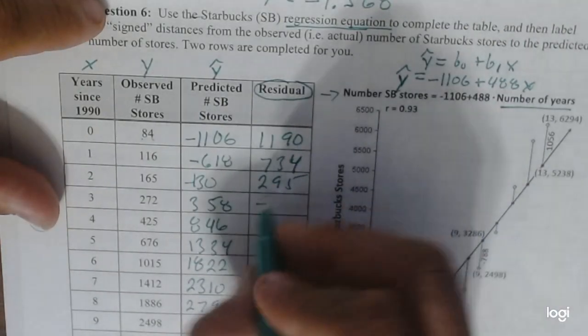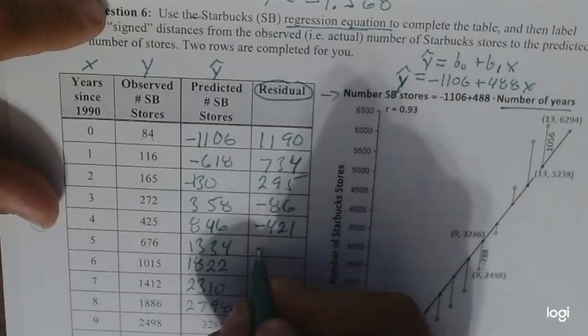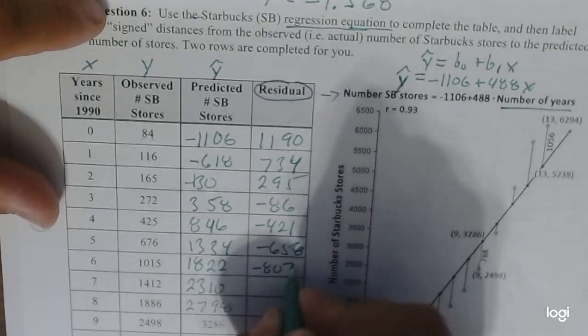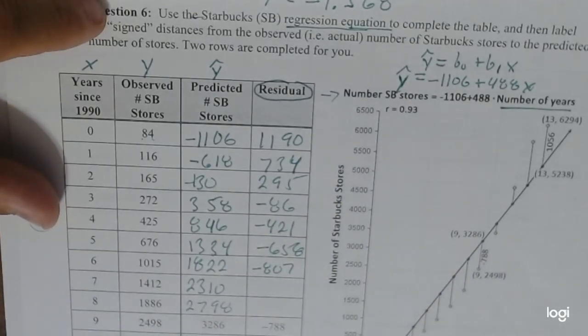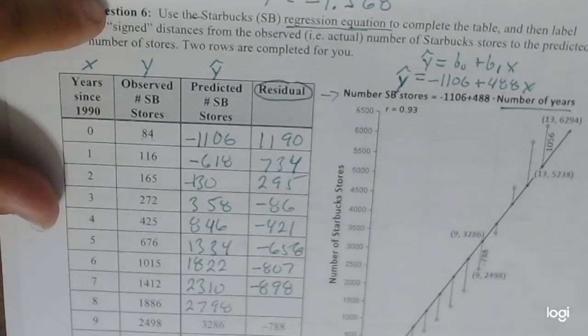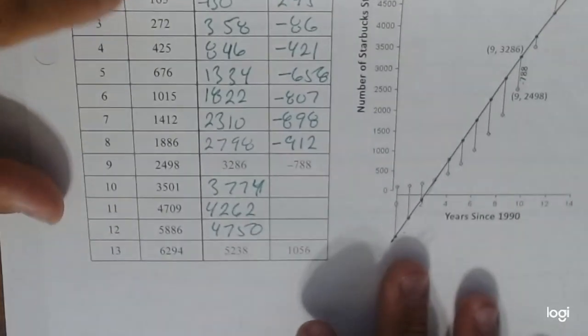So believe it or not, this actually becomes a negative, right? 86, and we keep going. Okay, that one's done for us there, and we keep going.